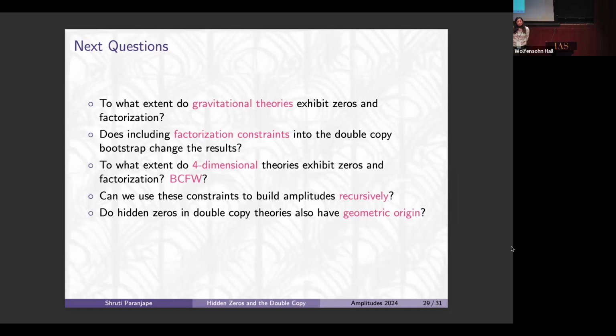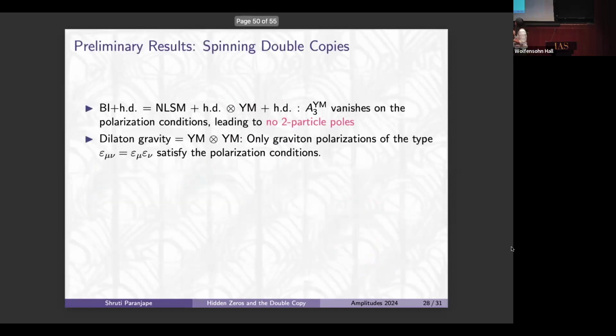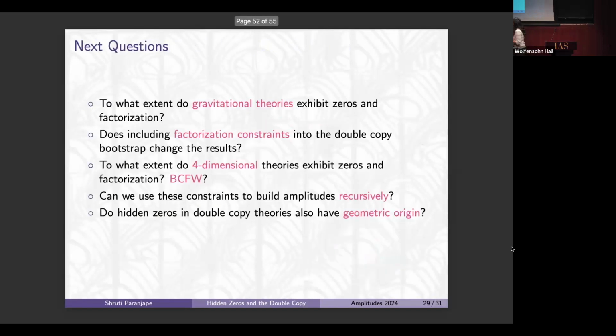The KLT kernel is the inverse of the biadjoint S matrix. So is there a relation between these zeros and factorization channels of the biadjoint scalar? Nominally, yes. Like you said, the KLT kernel is the inverse of the biadjoint matrix, but when you take an inverse, there are a lot of things happening.